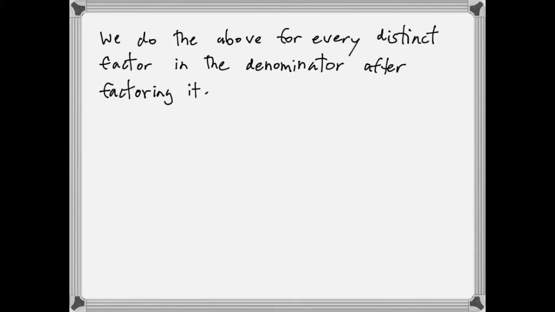So in other words, factor the denominator, and then you do the steps that I just wrote down for every factor, and then you add it all together. Okay. So that's it. That's it for step 2.